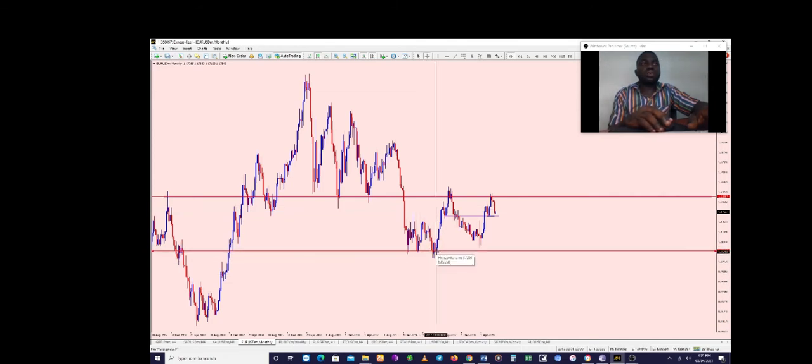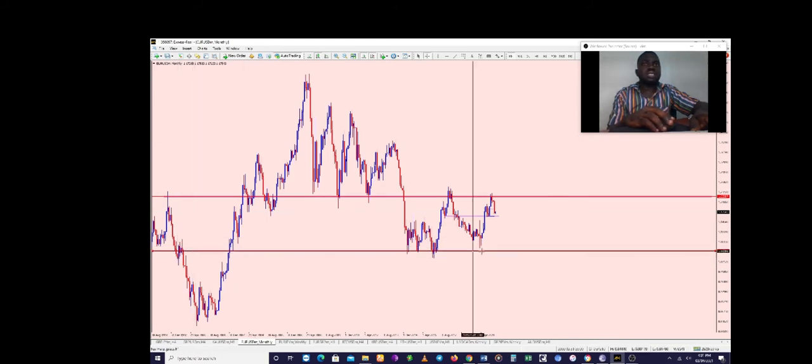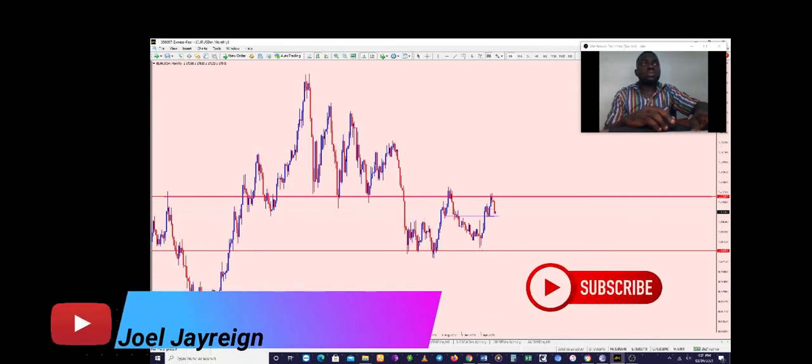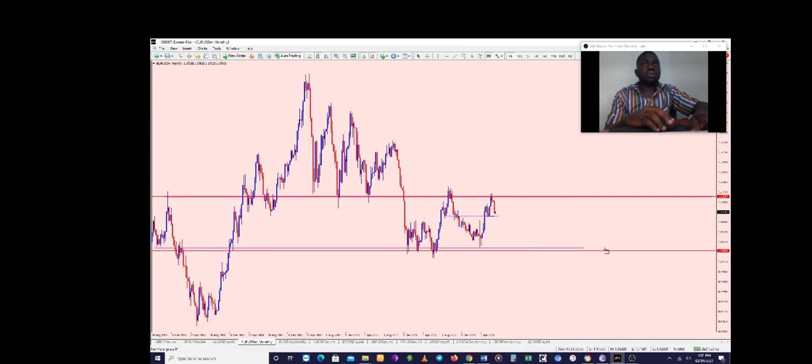We have support. But if you come here, you realize that here was playing kind of resistance, right? So also I use my rectangular tool to draw and make a label right here.